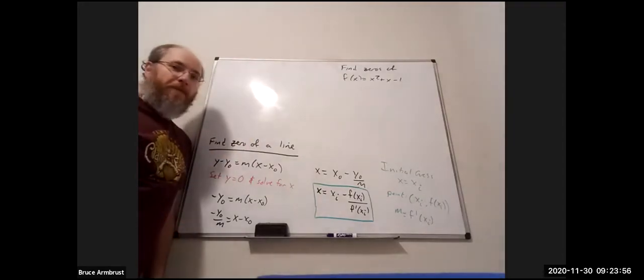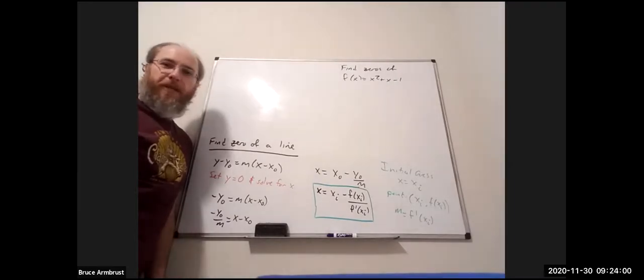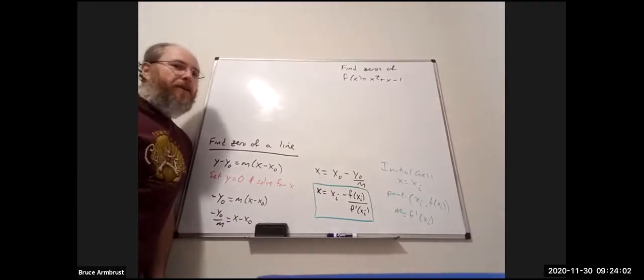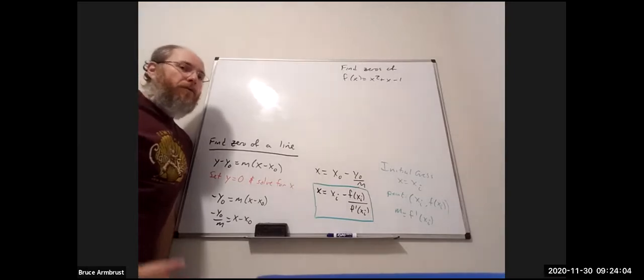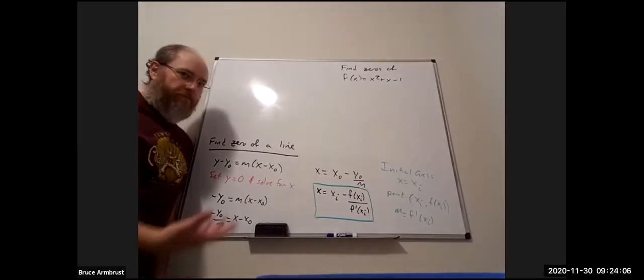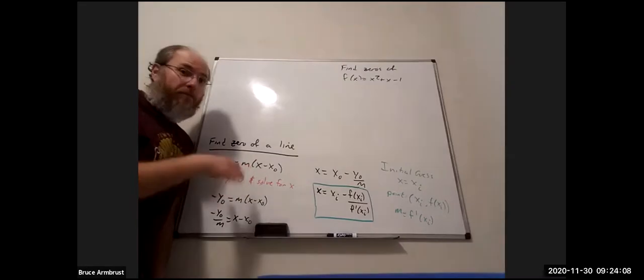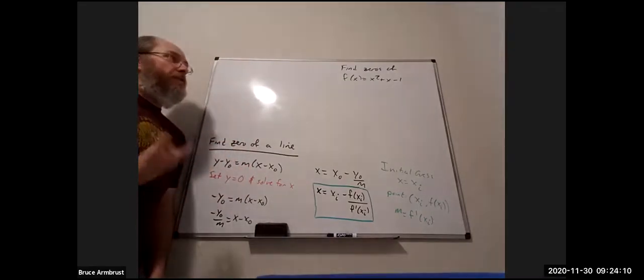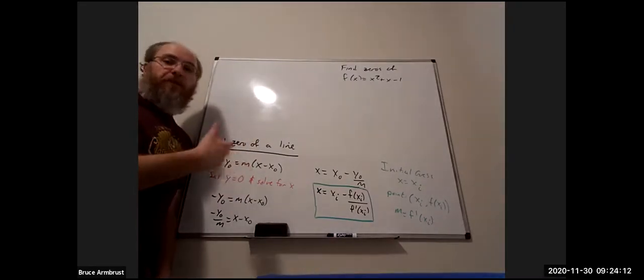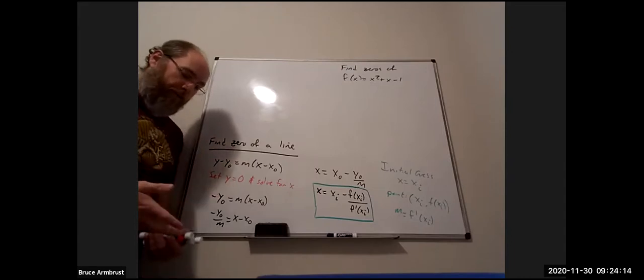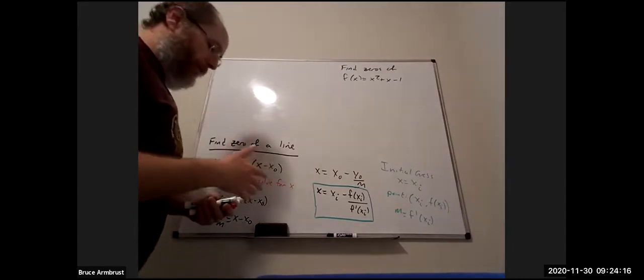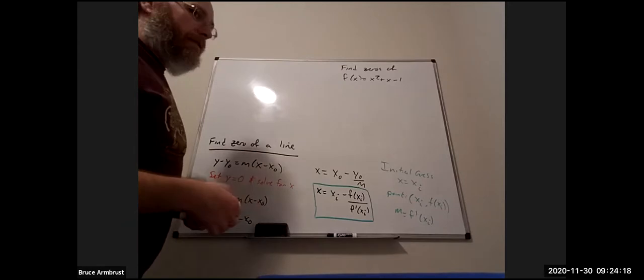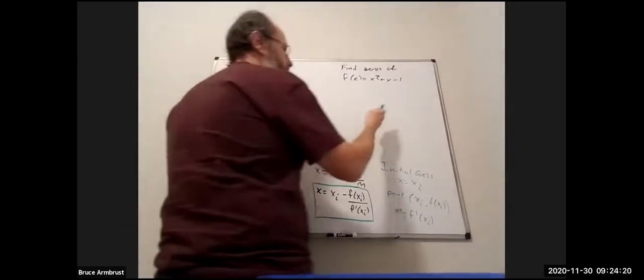We know its y-intercept is at 0, -1. We could find the vertex by doing the whole negative b over 2a thing, so we could actually get a good graph of it. We know everything about it. If we actually wanted to find the zeros, we could set it equal to 0 and use the quadratic formula. But let me show you how Newton's method would work to find those zeros.